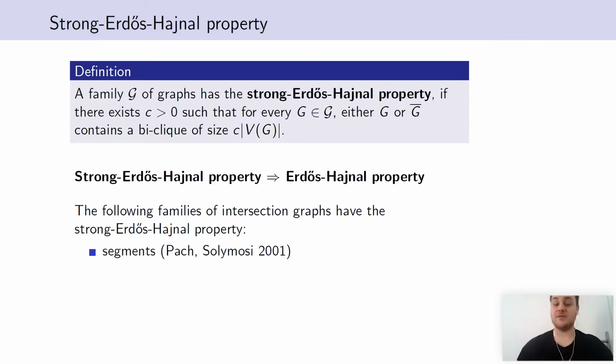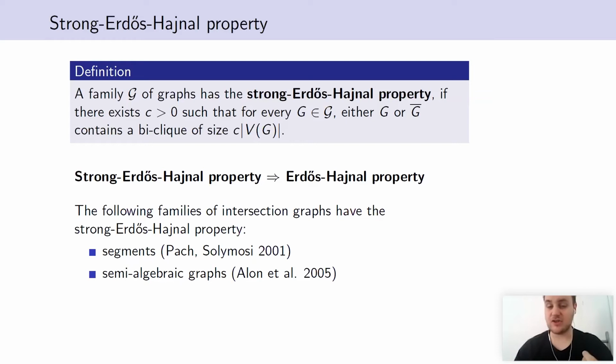So in particular, it was proved by Pach and Solymosi that intersection graphs of segments have this strong Erdős-Hajnal property. Now this was generalized to all semi-algebraic graphs by Alon, Pach, Pinchasi, Radoičić, and Sharir. And in particular, for this family, they only know the Erdős-Hajnal property because they know the strong Erdős-Hajnal property.